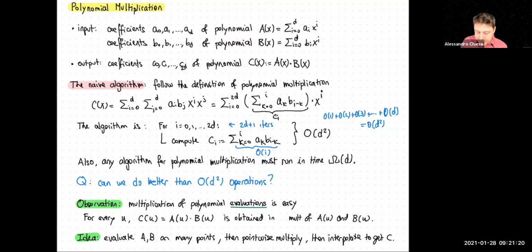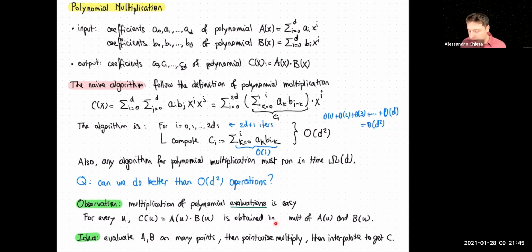So for example, let's say you give me an input u, and rather than asking you to compute c of x, the coefficients of c of x, I ask you, how about the value of the polynomial c at the input u? Well, look, by definition, that is the value of the polynomial a at u times the value of polynomial b at u.